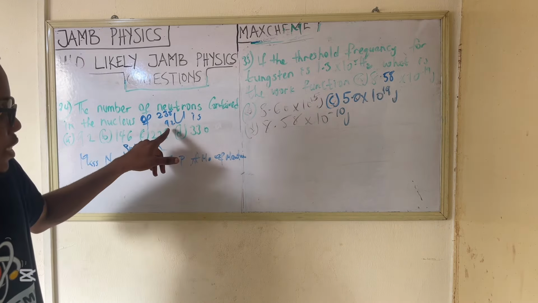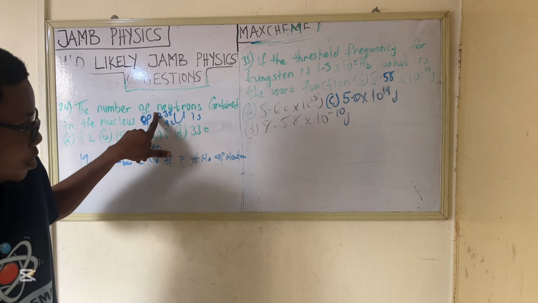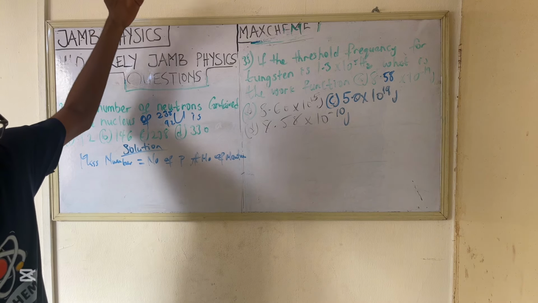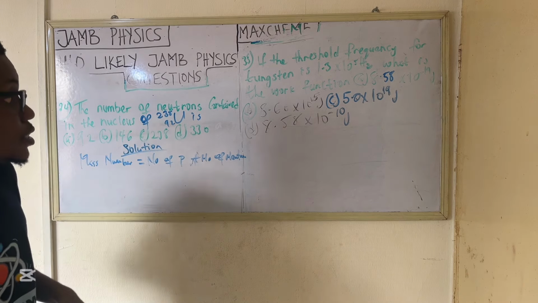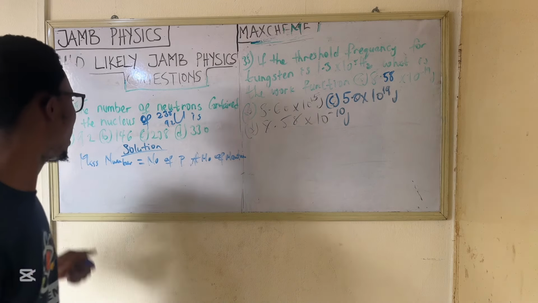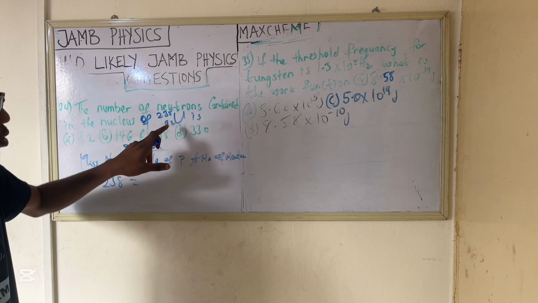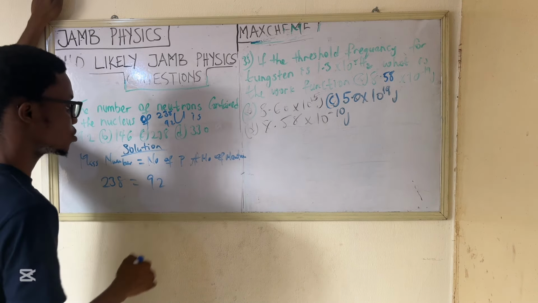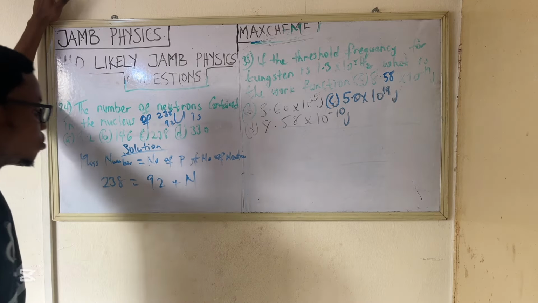The atomic number here is the base number you are seeing here, while the one at the power side, 238, is the mass number. So we have mass number 238, and the number of protons, the atomic number, is 92, plus the number of neutrons. Let's use n as the number of neutrons.